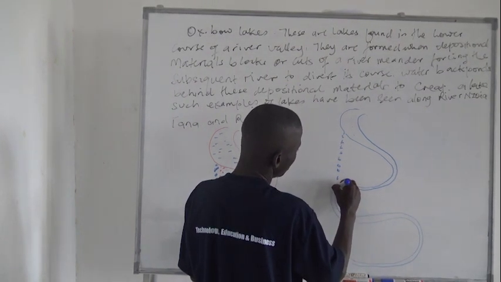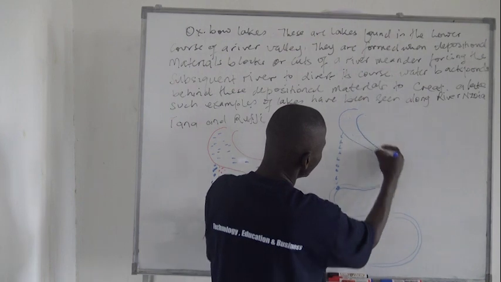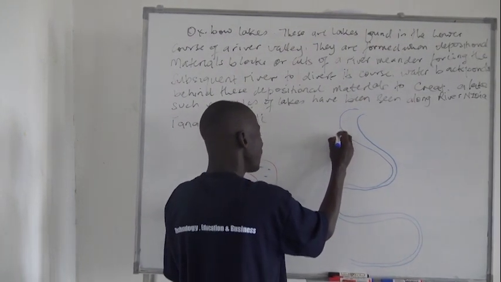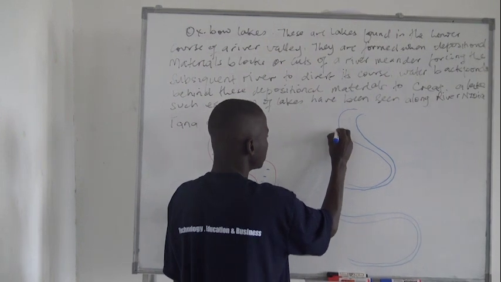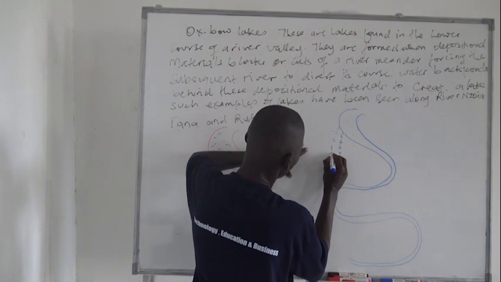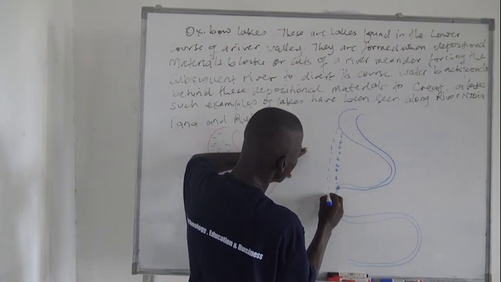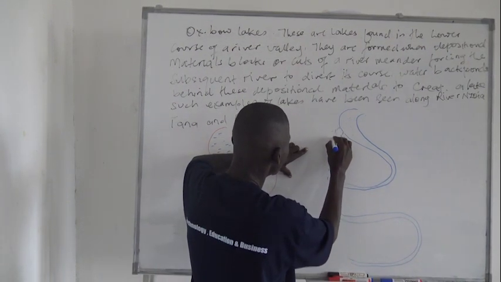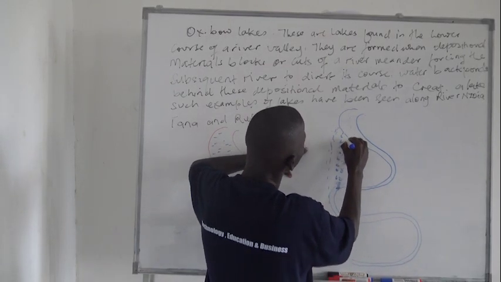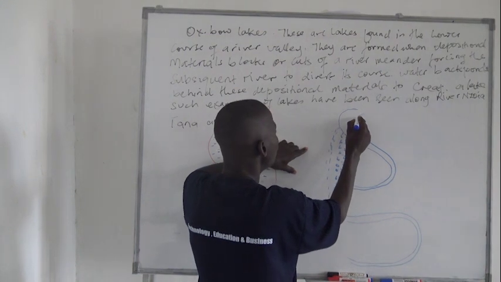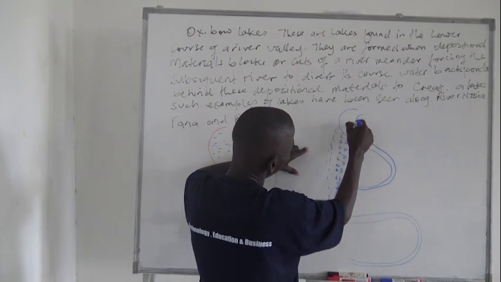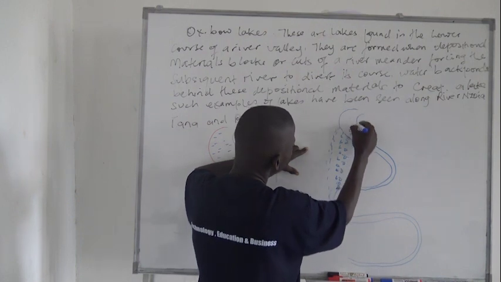So the water which was flowing towards this side begins to flow direct here, like this, because the depositional materials have sealed off this river.